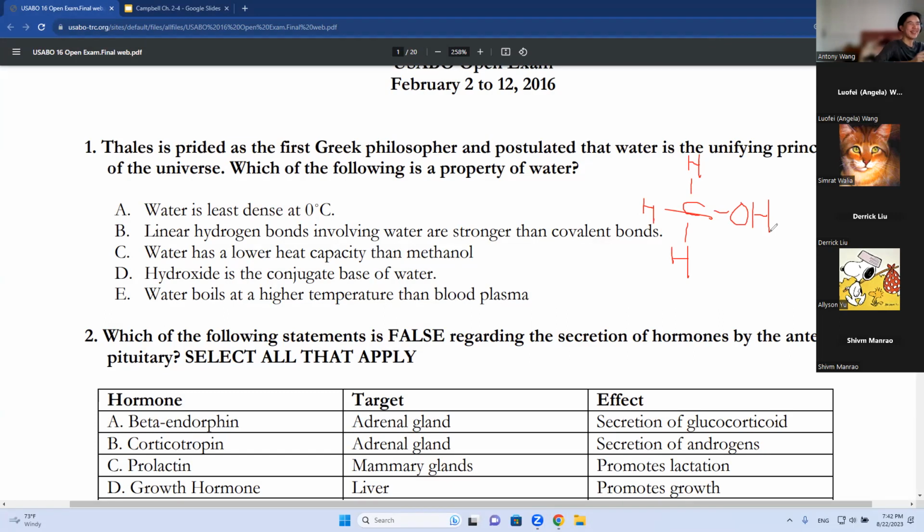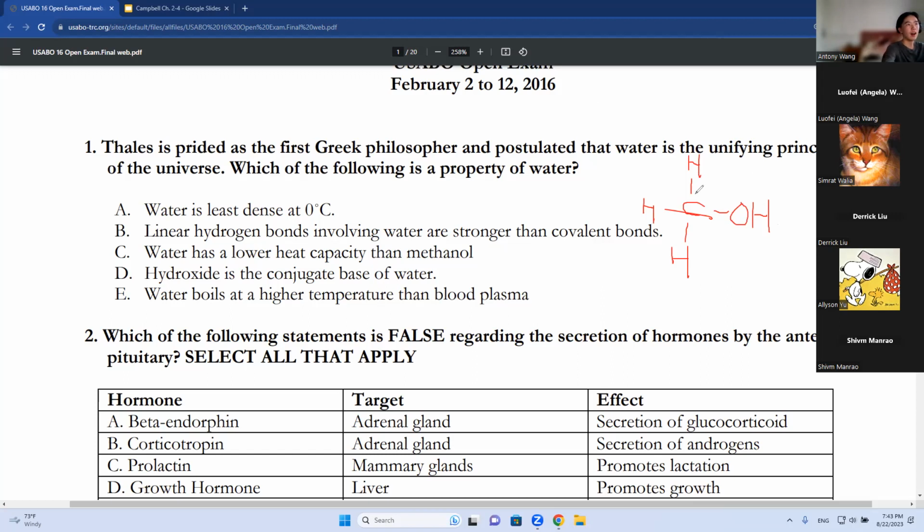The reason that water has a really high heat capacity is because it forms really strong hydrogen bonds. The reason is that water is very polar. So the more polar a substance, usually if it has hydrogens, it will have a higher specific heat.